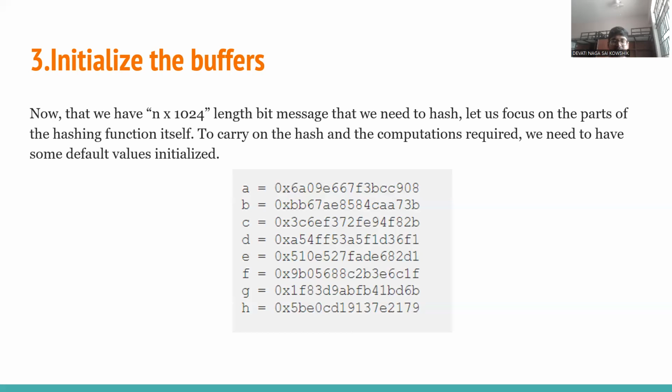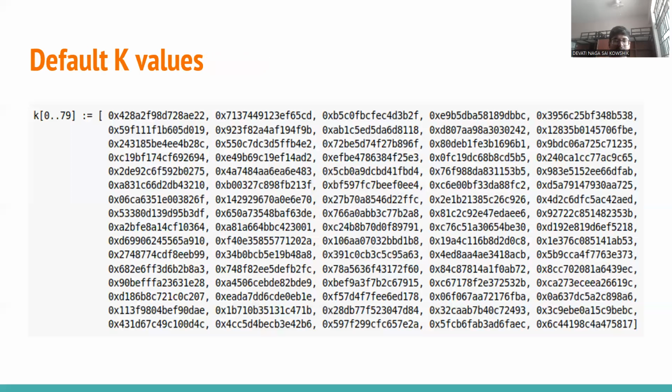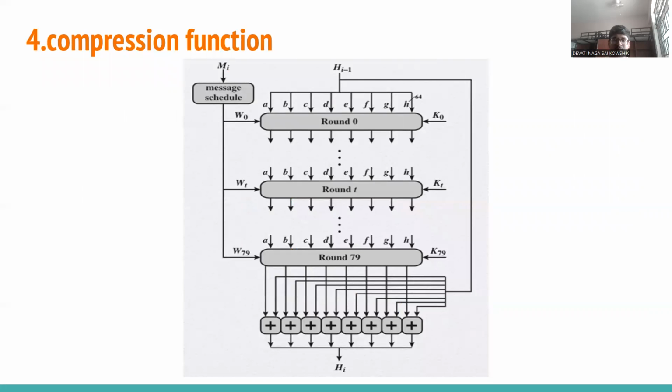After that, we use some already initialized registers with the given values that are mentioned here. These are the default values, and these are the default K values. We will use both of these in the compression function, and this is the compression function.